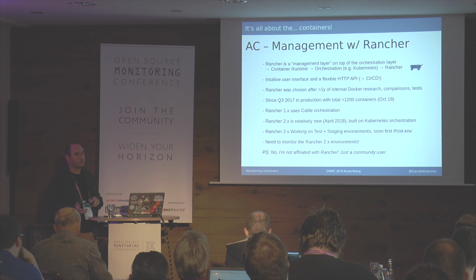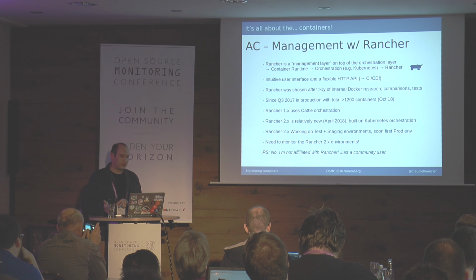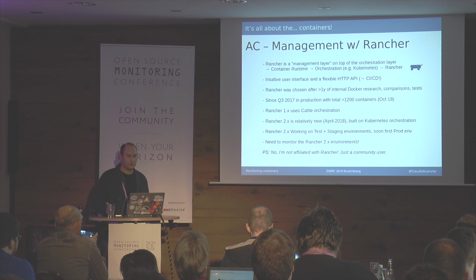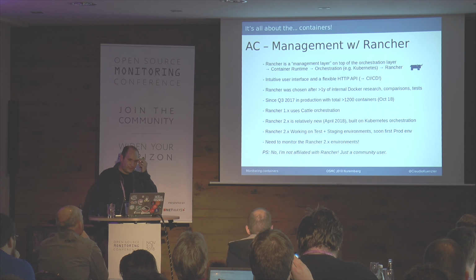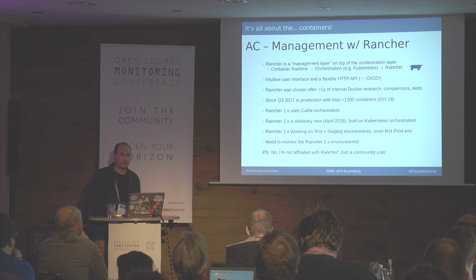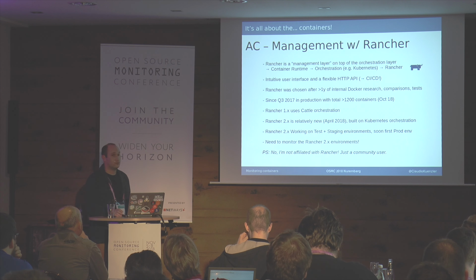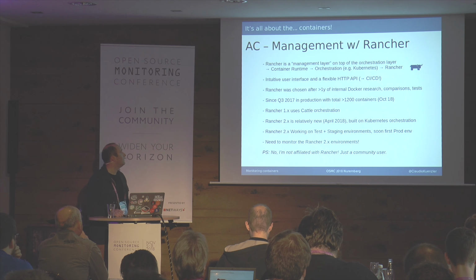And on top of the Kubernetes environment, we have our Rancher environment. So Rancher is like OpenShift, another way of managing your Kubernetes orchestration. The reason is that it has a really intuitive user interface and a really good API, which we use for CI/CD.